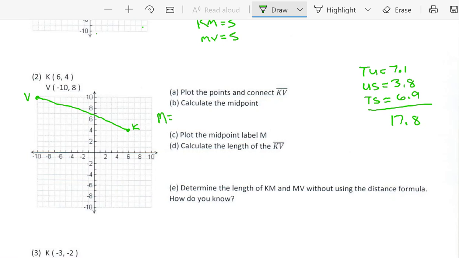M equals, again, x1, y1, x2, y2. So it's going to be 6 plus negative 10 over 2, and 4 plus 8 over 2. It's going to be negative 4 over 2, and 12 over 2. It's negative 2, 6.